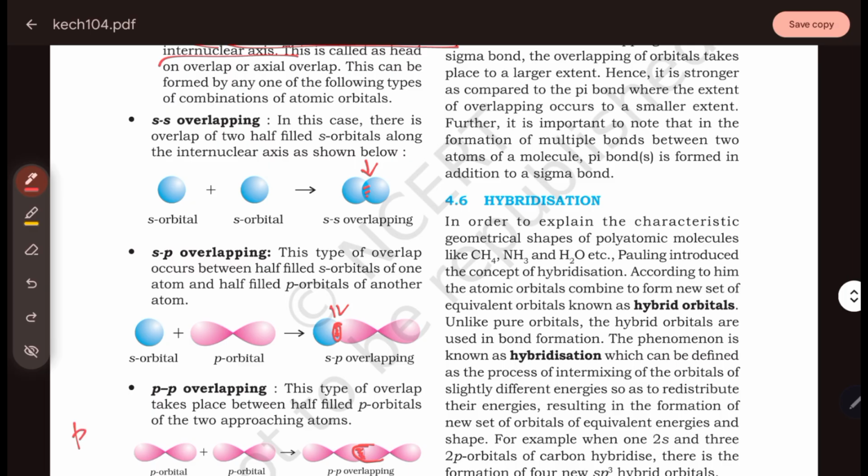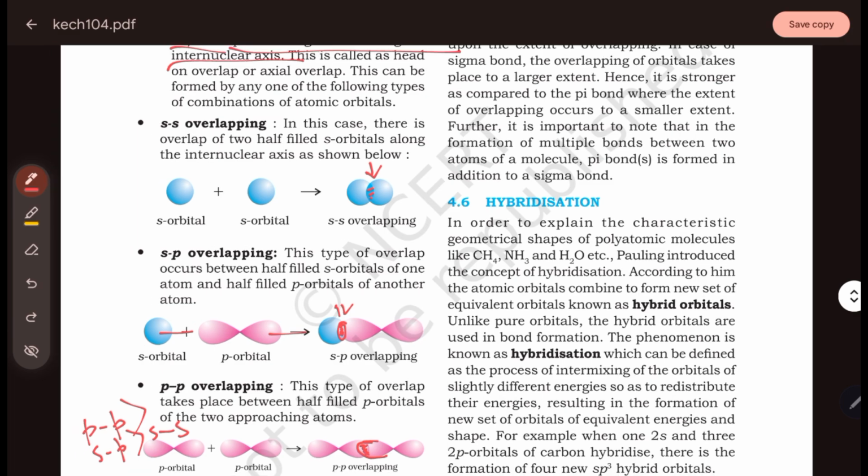So a PP overlap is a stronger overlap than SP and then SS overlap. Why? Because the S orbital is spherically symmetrical. To make two spheres overlap is not so easy, so the region of overlap becomes less. The P orbital has a directional character. For that reason, the extent of overlap is greater.